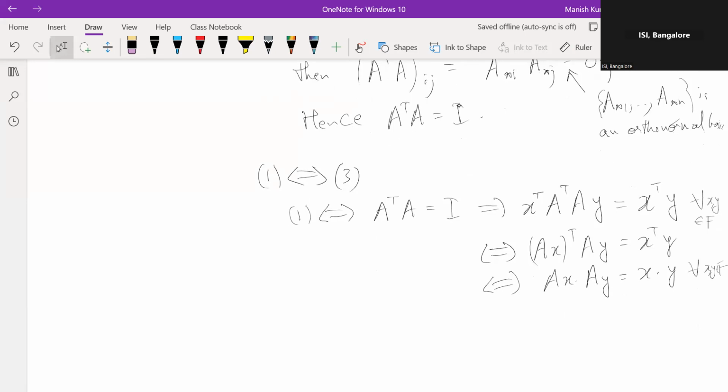Since this holds for all x, y, in particular, it holds for e1, e2, and so on, the standard basis. So X transpose A transpose AY is equal to X transpose Y for all x, y in Fn, not F, but Fn.